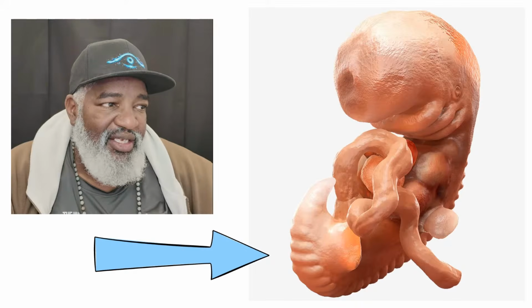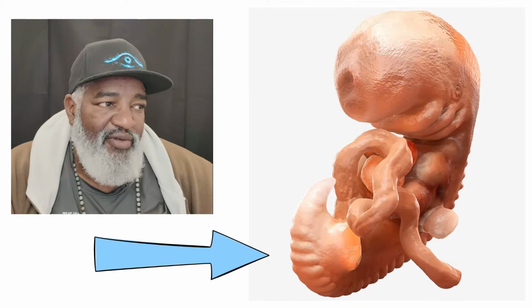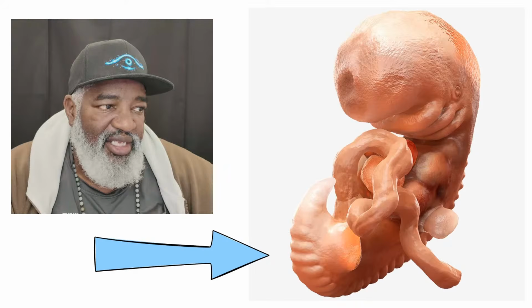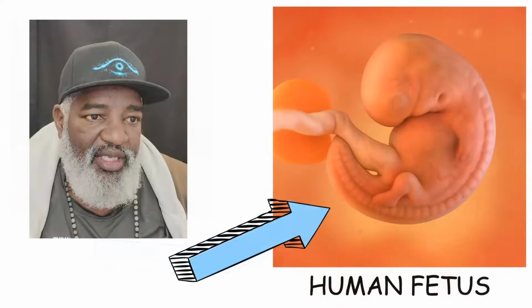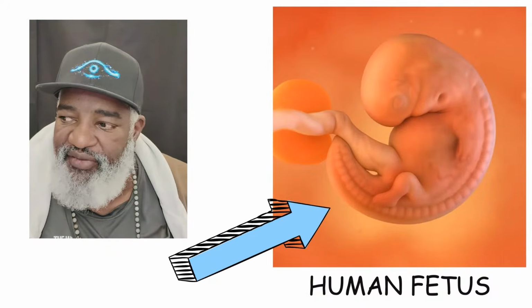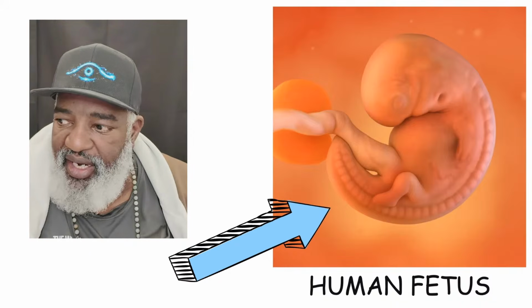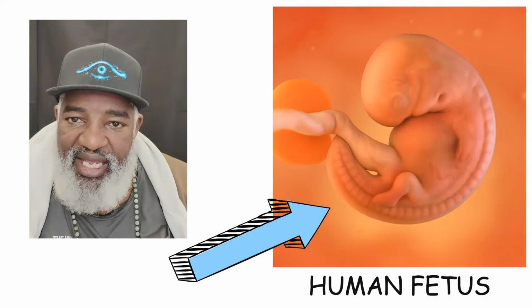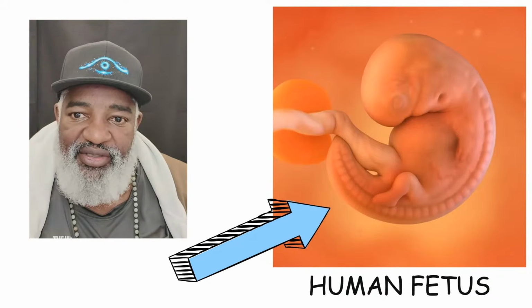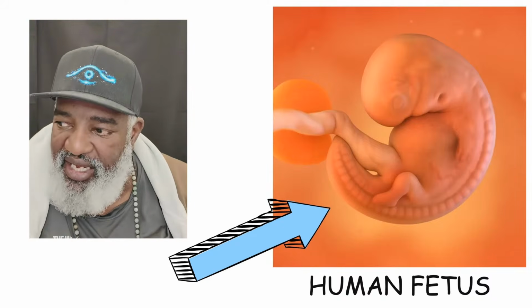And let me give you a better look at this. Once again, this is a human fetus, all right? You see the legs on this fetus, and you still see the actual tail.